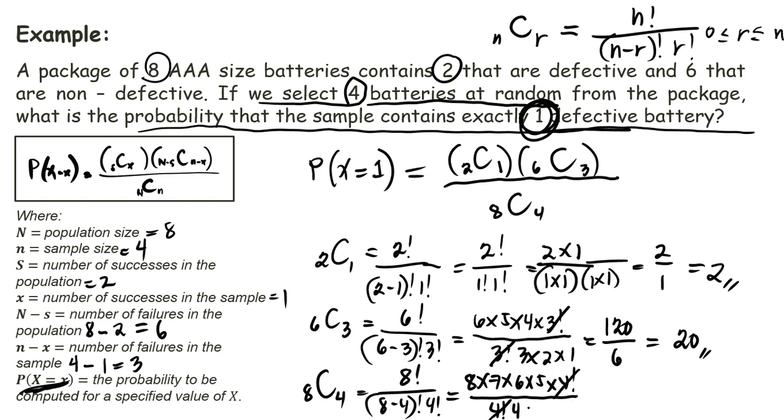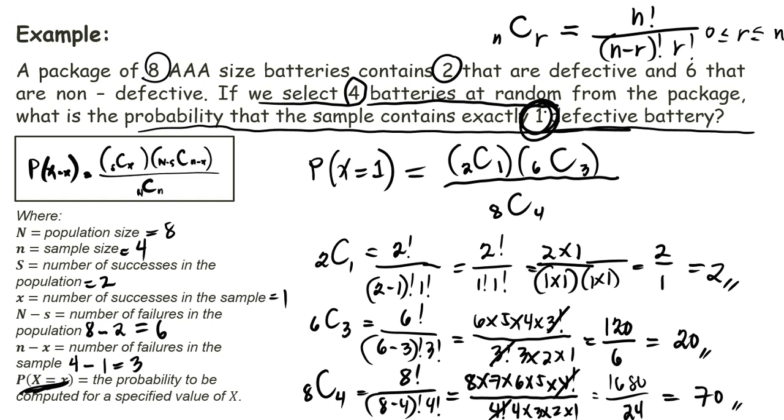Yung isang natira, 4 times 3 times 2 times 1. So 8 times 7 times 6 times 5, that is 1,680. 4 times 3 times 2 times 1, that is 24. Divide mo yung dalawa, that is 70.